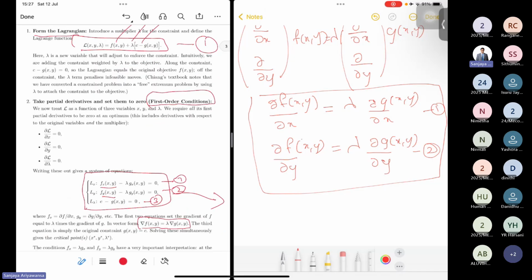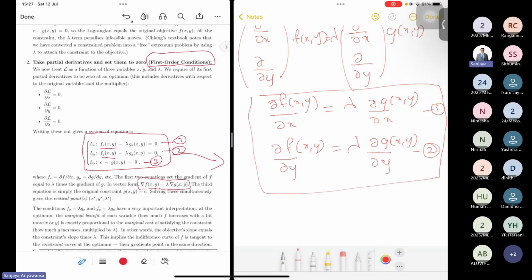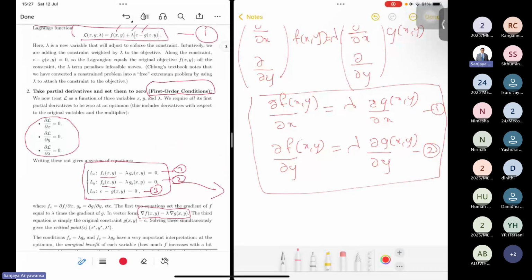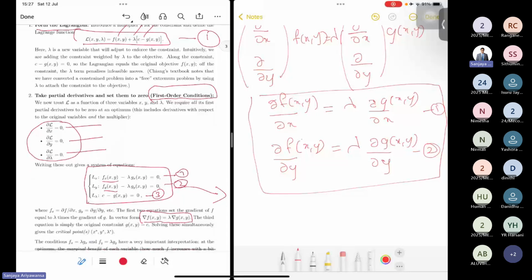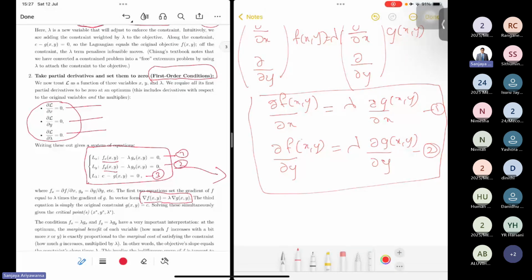Then you do the first order conditions and you equate them to 0. So what are the first order conditions? In this function, your input variables are x, y, and you have introduced lambda. So you partially differentiate this Lagrangian with respect to x, y, and lambda, and you equate it to 0. And then you get these 3 equations over here.